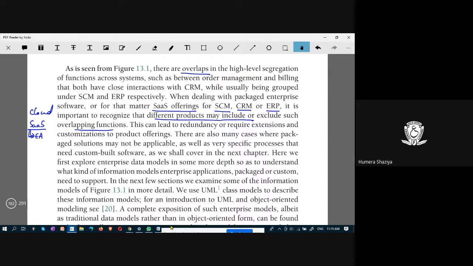All right, because these are software, it depends on the cloud provider what functions it is providing, and whether that overlap is being handled separately or by integrating them. It is all decided by the cloud vendor who is providing this enterprise application.